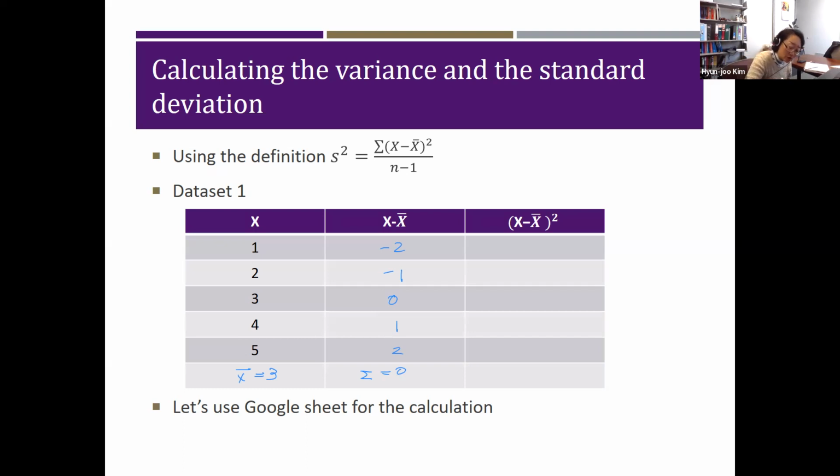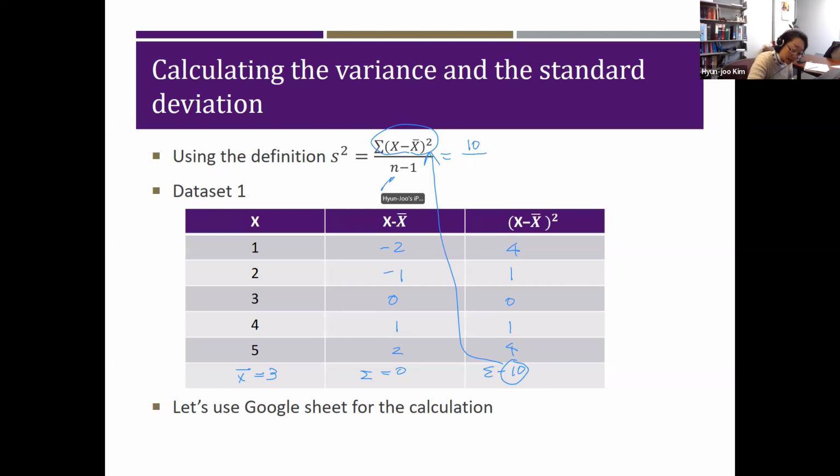Then you're going to take a square of it. So here, 4, 1, 0, 1, 4. If you add all that up, it will be 10. Then your S square for data set 1 is 10 over n minus 1, where n is the sample size.